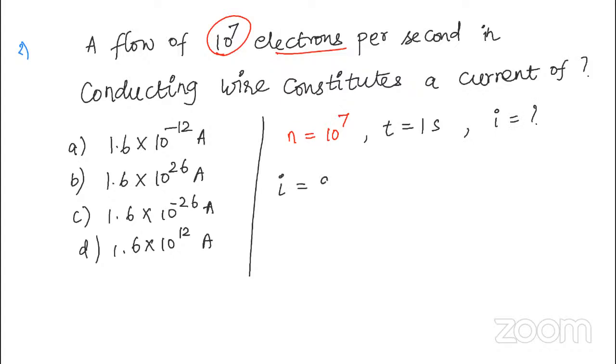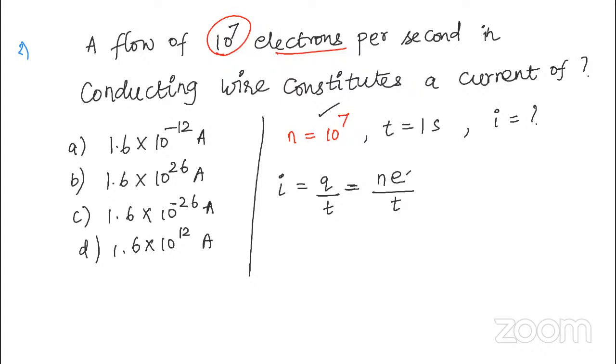It is Q by T. Q we have to write as N into E, divided by T. Here the value of N is given, and E is the constant value, we know that is 1.6 into 10 power of minus 19 coulomb. Then substitute all the values and find the answer.